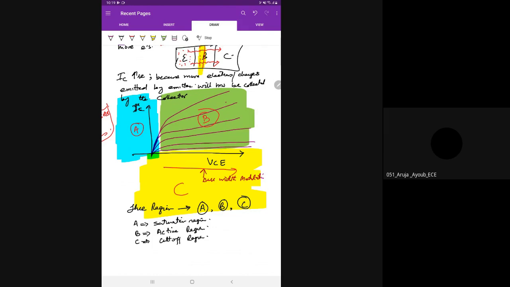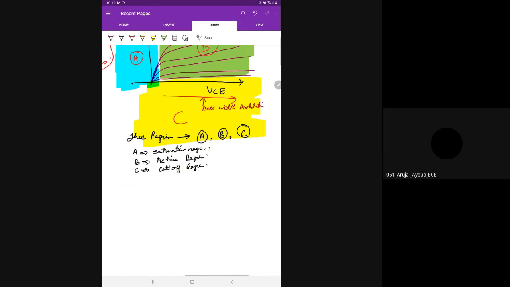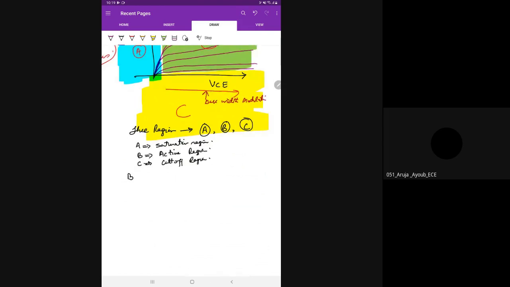Please remember that region B, the active region, is a very important region because it is mostly used in a BJT for amplification of the input signal.